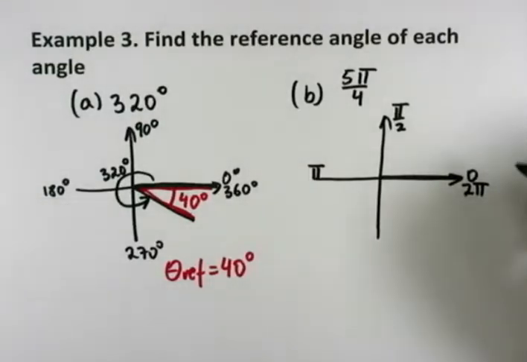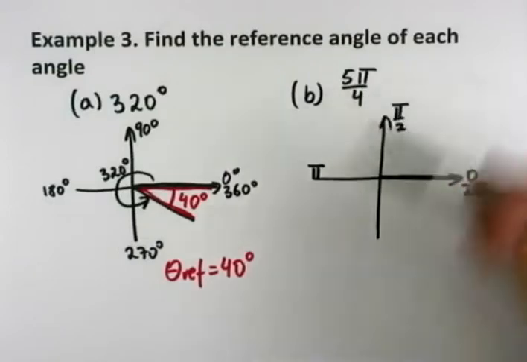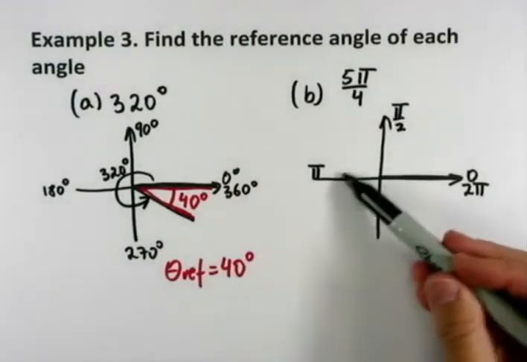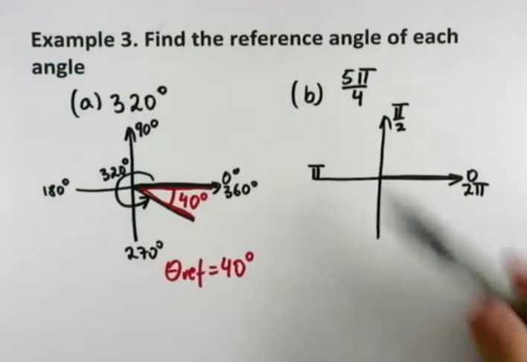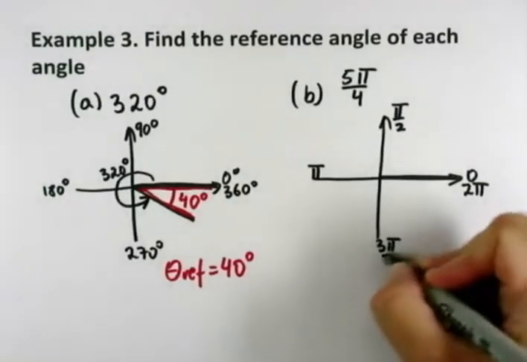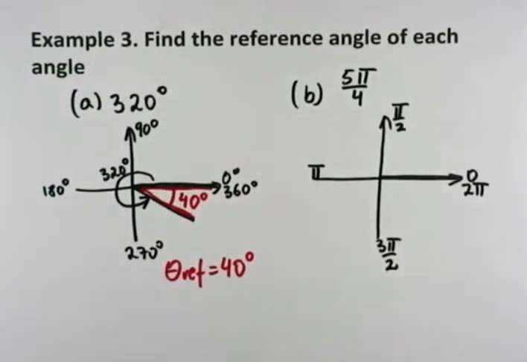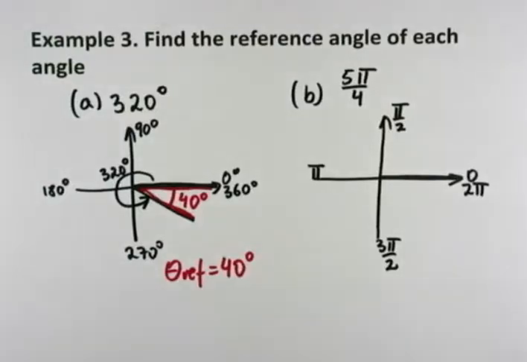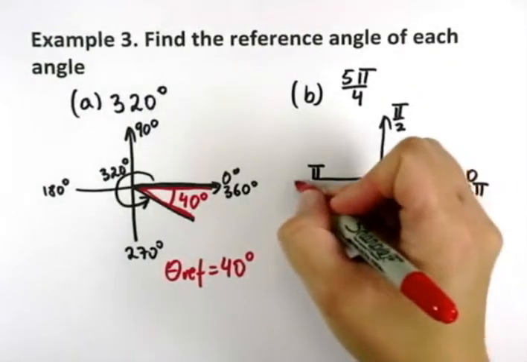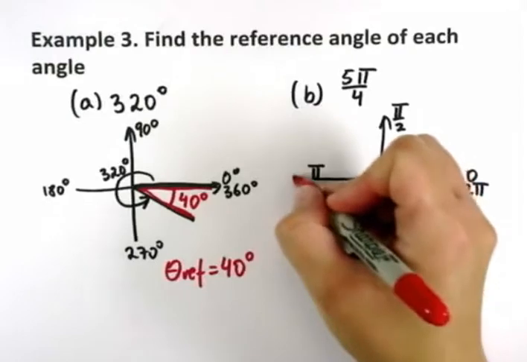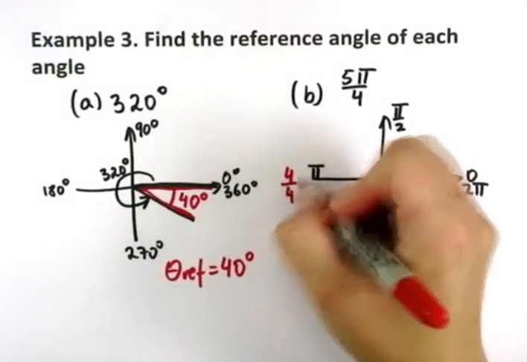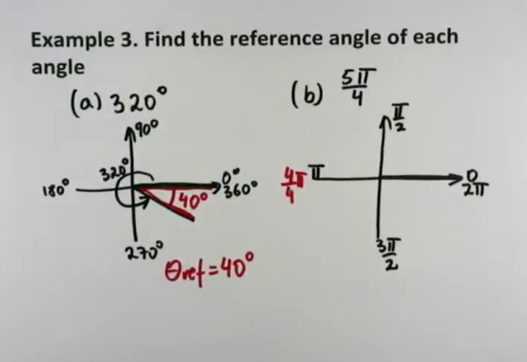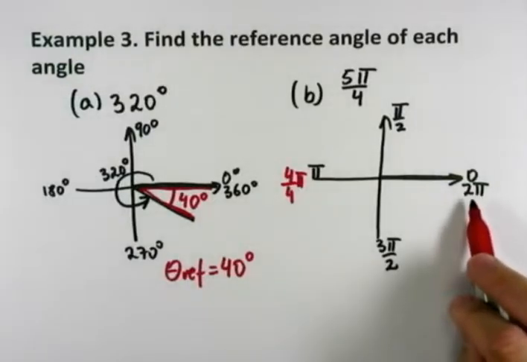But that doesn't tell me anything because I have 5 pi over 4, and this would be 1 pi and a half. So this one is 3 pi over 2. But now I need to keep thinking in fourths. So 1 pi, or 1, is nothing else but 4 over 4, so this one is 4 over 4 pi. 2 pi, 2 is nothing else but 8 over 4.